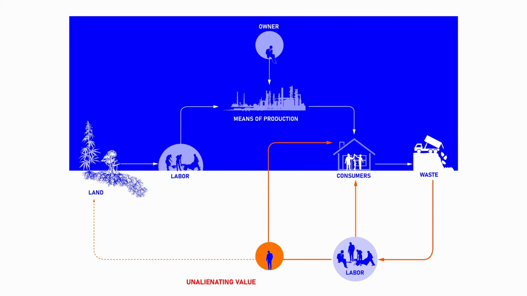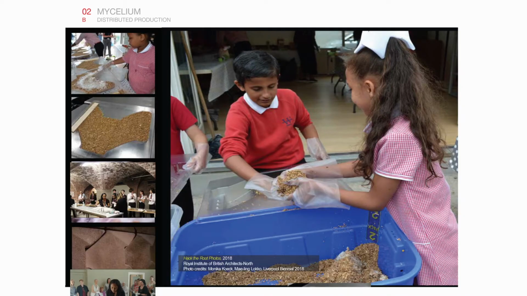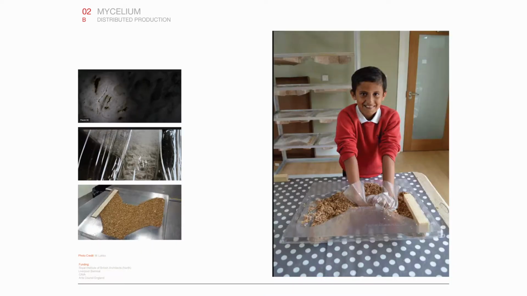This exhibition was done at the Royal Institute of British Architects in Liverpool, and it was a way of designing really simple grow kits, things made out of plastic that is incredibly easy for a human, a child, to hold, ways of introducing the type of assembly, disassembly logics that one would need to remove these materials very easily from buildings.